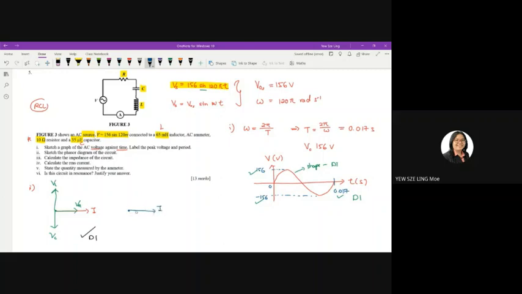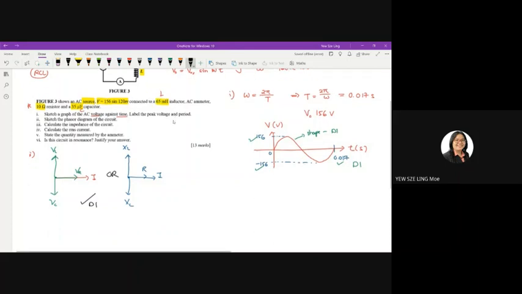And then you have R, and then XL upwards and XC downwards. Either one is fine, either the one in the green color or the one in the blue color. If you got it right, then you got 1 mark for the phasor diagram.